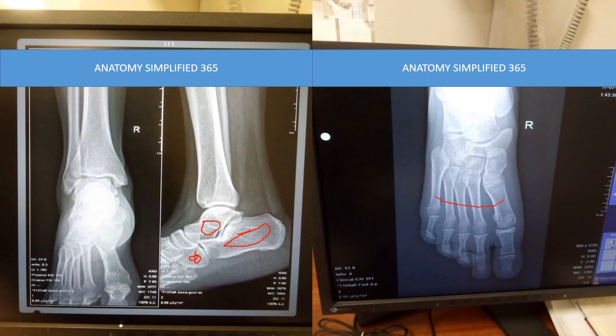We have the phalanges right here. The first toe has only 2, the proximal and distal. Then these ones have 3. We have the proximal, we have the intermediate, we have the distal. Same thing here, same thing here.